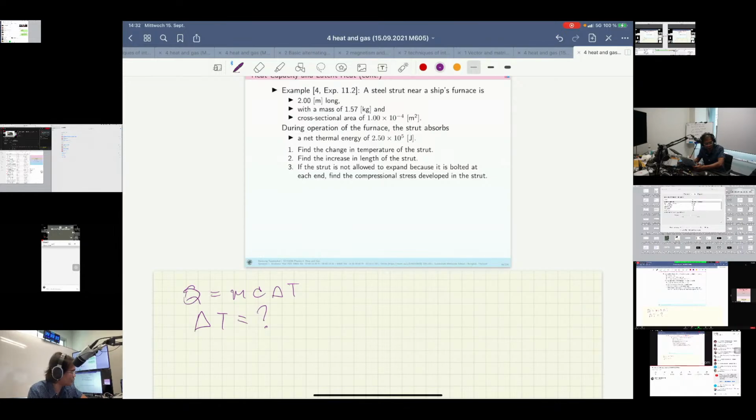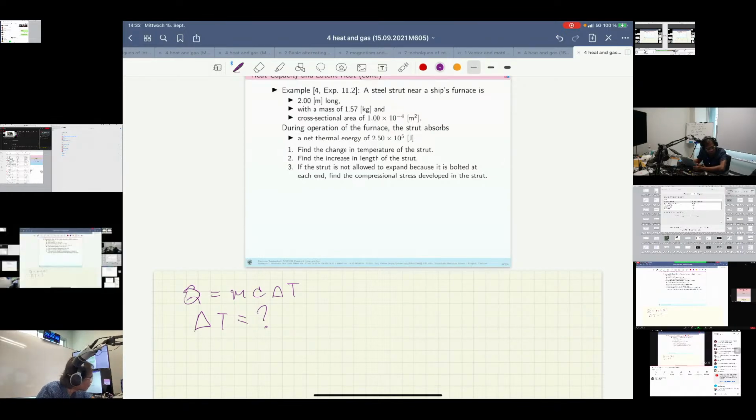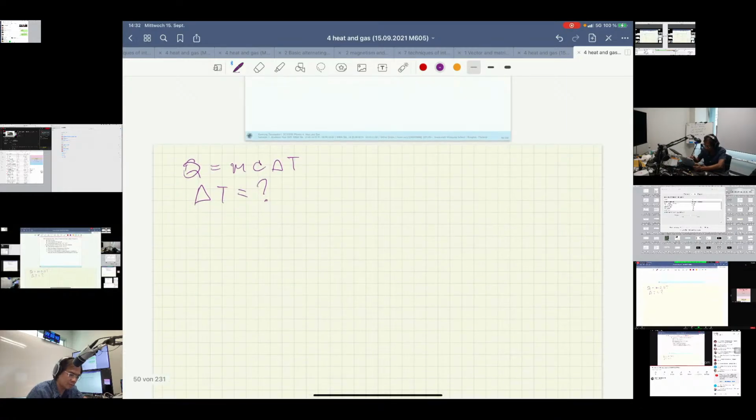Delta T is the quantity that we would like to know. After the manipulation of this equation, you move MC to the left and you get delta T as the following, which is Q divided by MC, right?